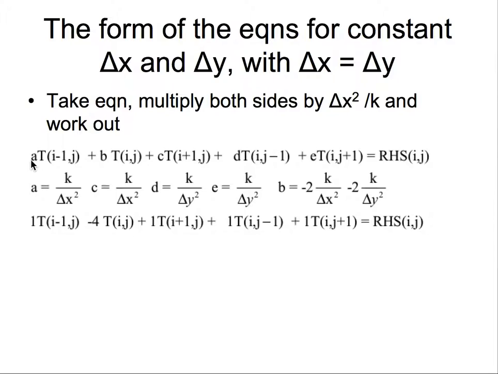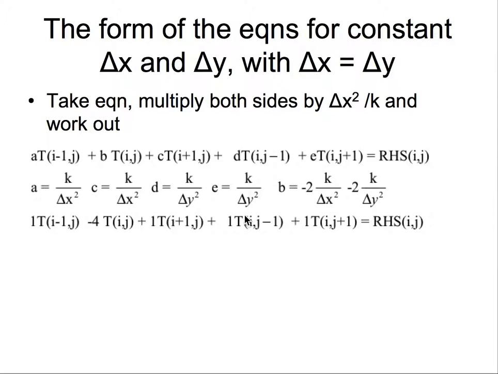And suppose we multiply both sides of the equation by delta x squared over k, and we take delta x equal to delta y, then we find that all coefficients a, c, d, e become equal to 1. They're all multiplied by delta x squared over k, and delta x is equal to delta y. And our coefficient b becomes equal to -4.